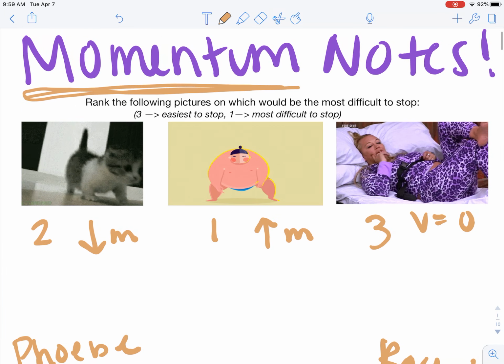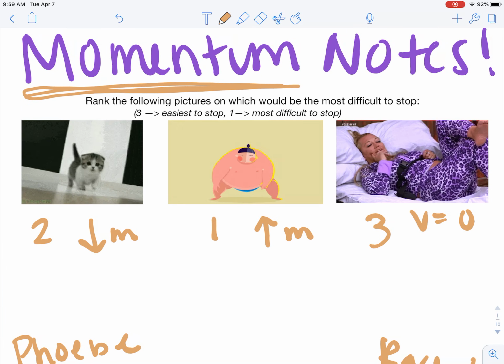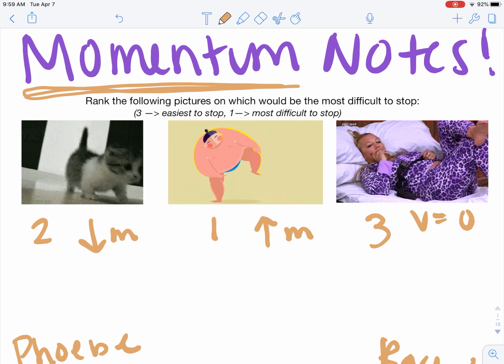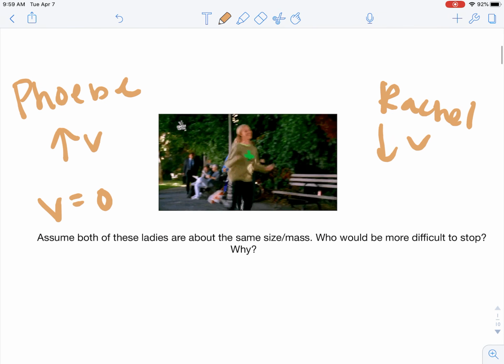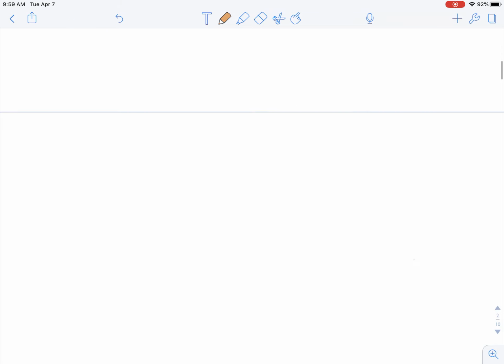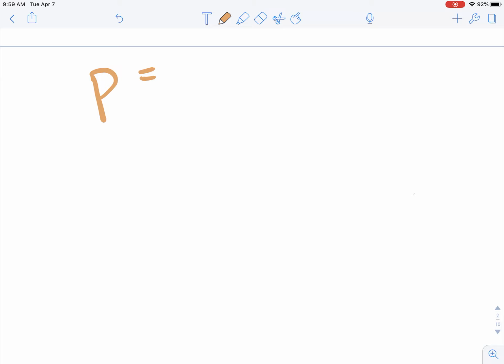So with these two examples that we just talked about, we kind of figured out the equation for momentum, what momentum is made up of. It depends on your size, and it also depends on how fast you're going. So the equation for momentum is actually P, and P is the symbol for momentum. M was already taken for mass, so they went to the next logical letter, is equal to mass times velocity.